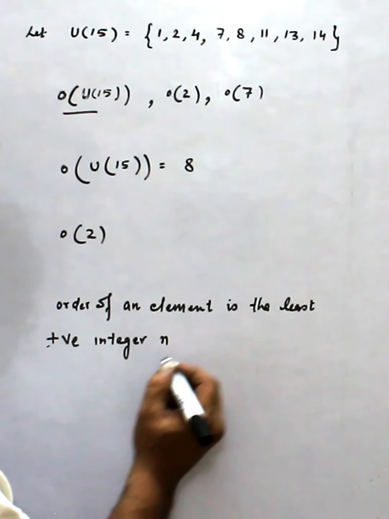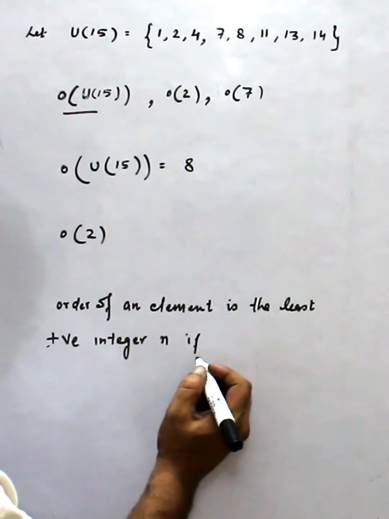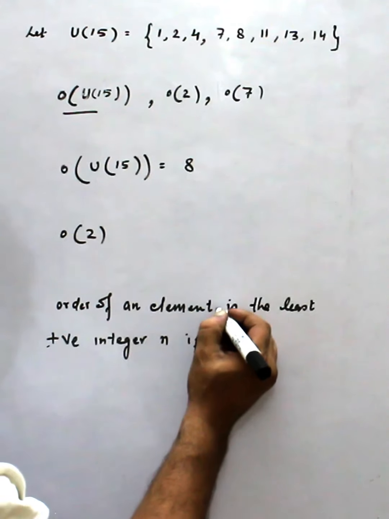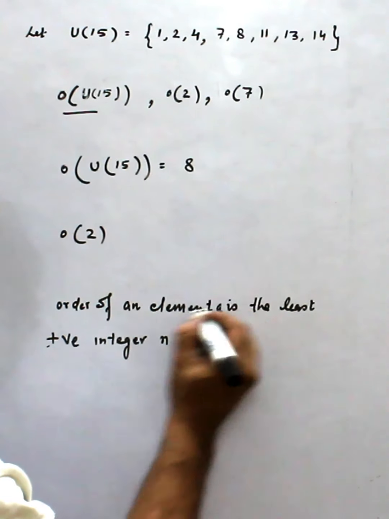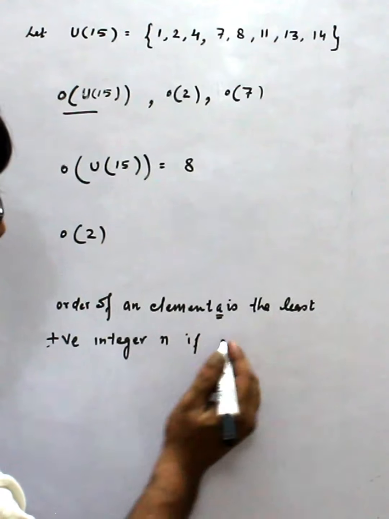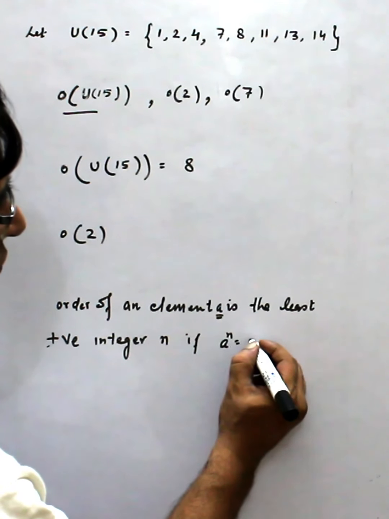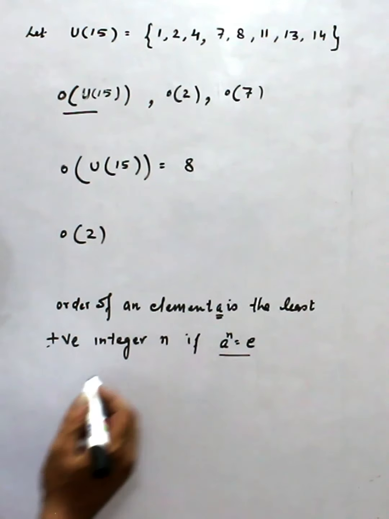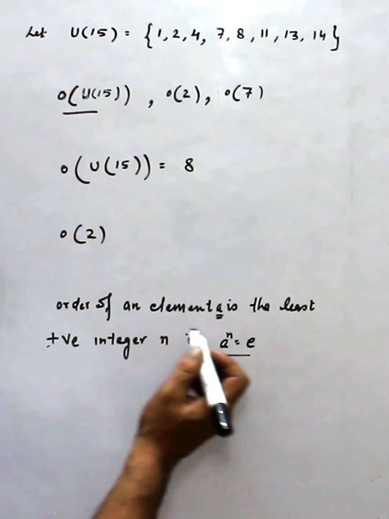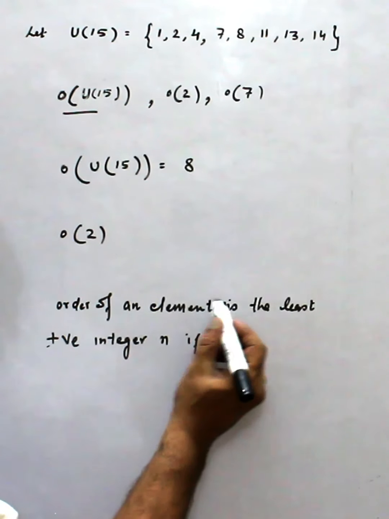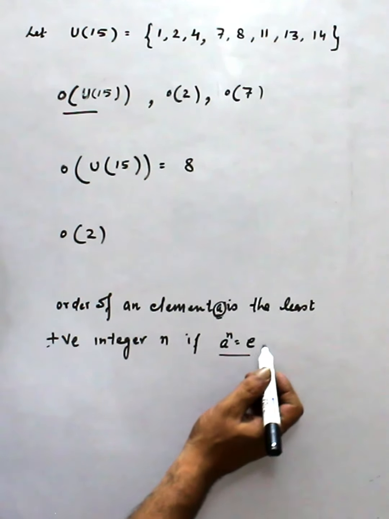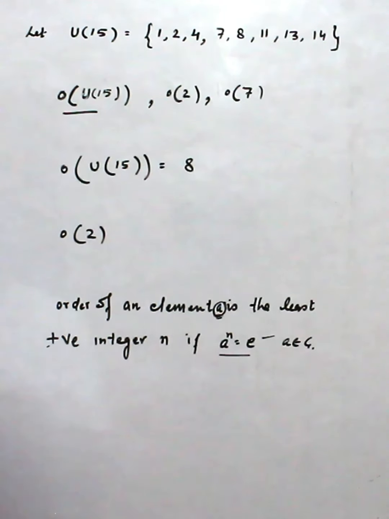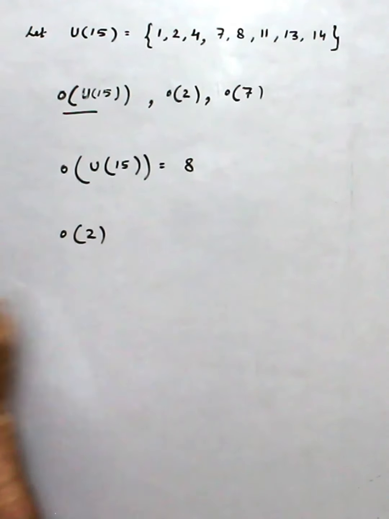If the order of an element, suppose I say a, is the least positive n such that a to the power n is equal to e, where a is an element of G. So simply we have to find the order of 2.